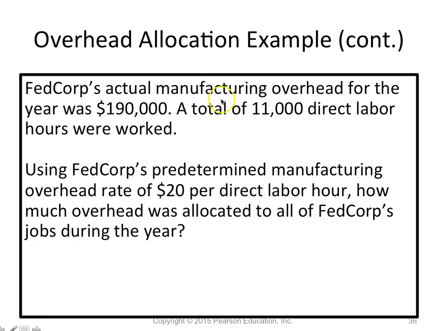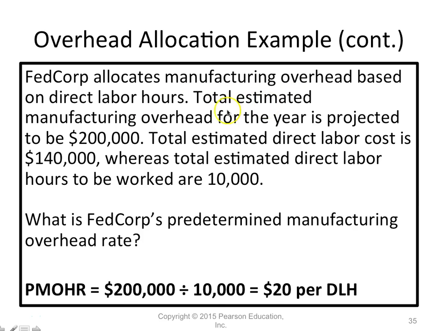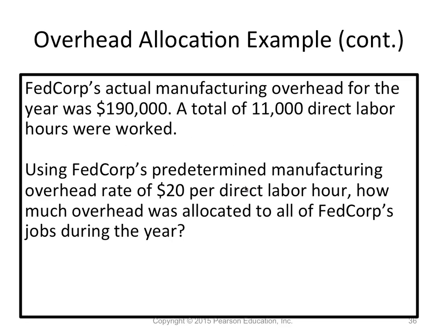And this is 11,000 hours, but we estimated 10,000 hours, so it'll be different. We're going to use Fed Corp's predetermined manufacturing overhead rate of $20 per direct labor hour to determine how much overhead was allocated to all of Fed Corp's jobs during the year.